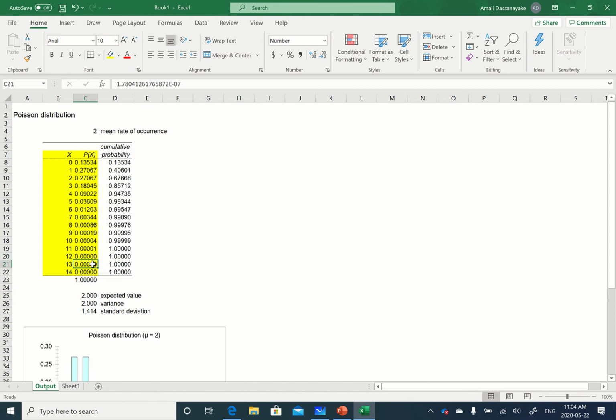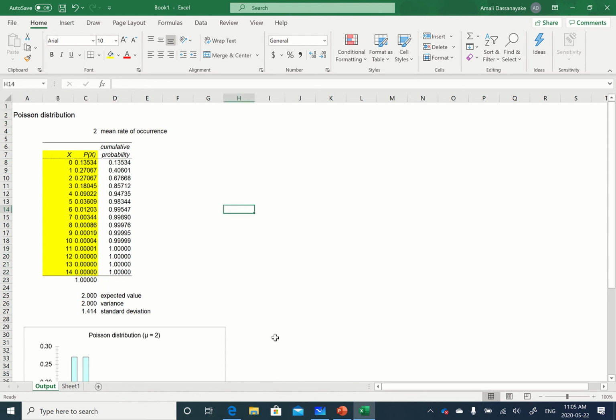And no 13, no 14, so there's no point of thinking about any further. Like I said, it can go beyond 14 for sure, but there's no point of looking at it because the chance of occurrence is obviously 0.